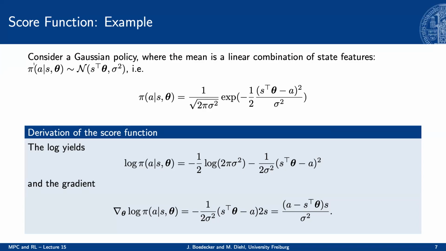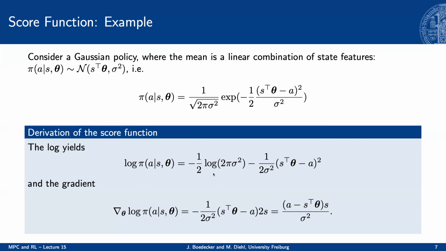Then the action probabilities would be sampled according to a normal distribution with the mean given by this linear combination of features and policy weights and with a fixed variance. So the expression for the probabilities for the actions under this Gaussian policy would be defined as this. And now, to derive this score function, basically you take the log first, right?